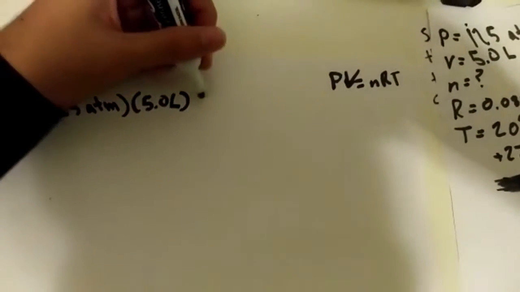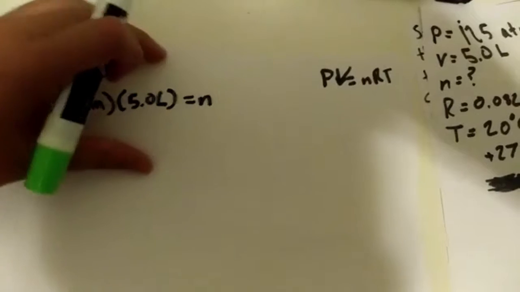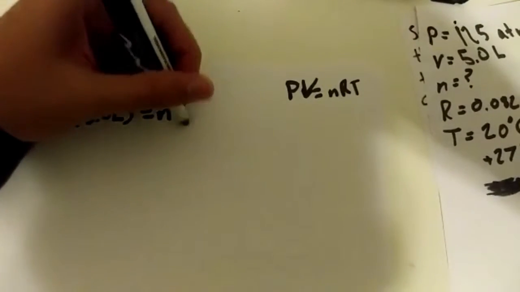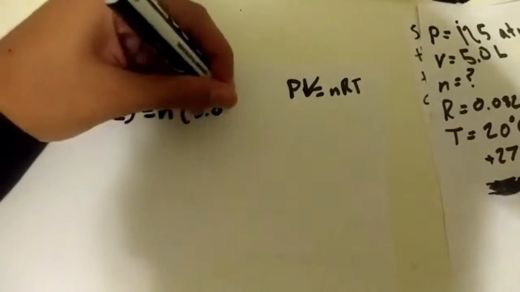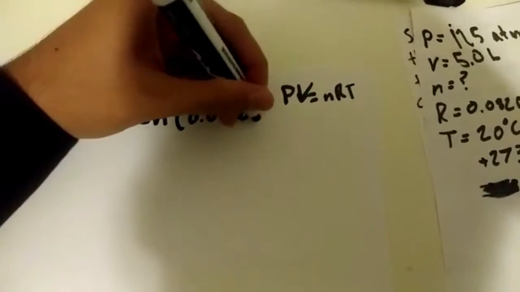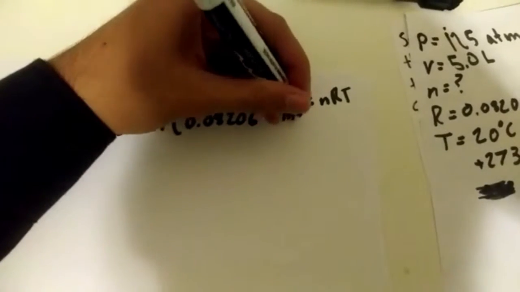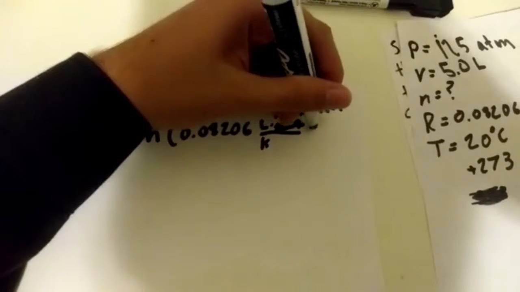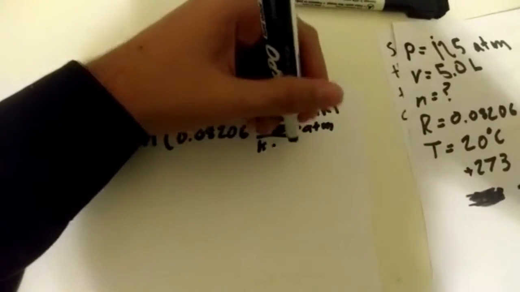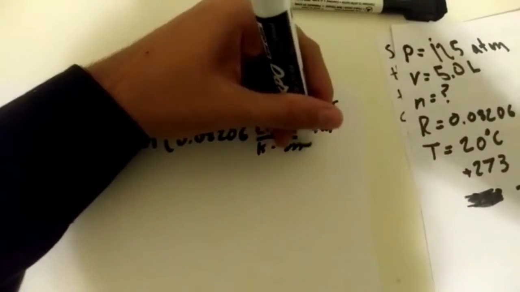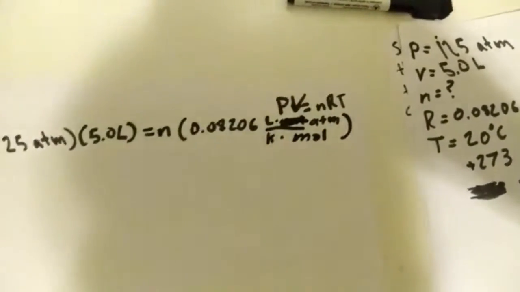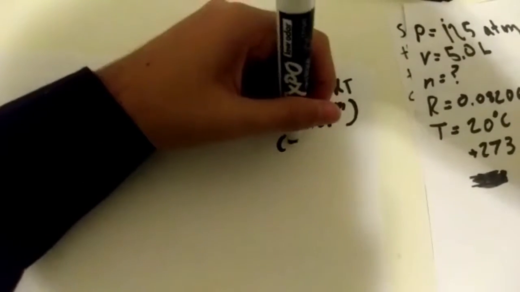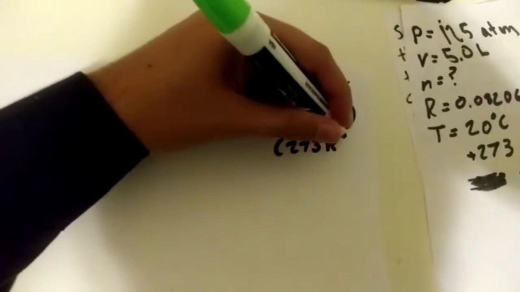And that is equal to n, and n is what we are looking for, times the universal constant R, which is 0.08206 liters times atm over K times mole, and finally we multiply that by 293 Kelvin.